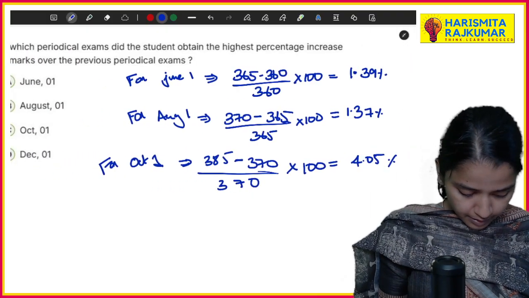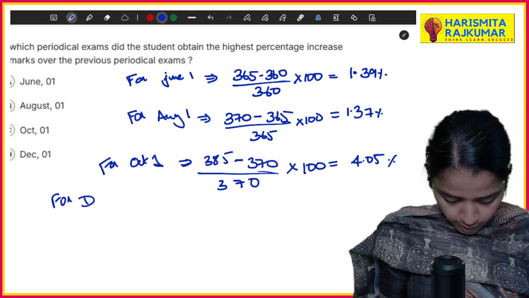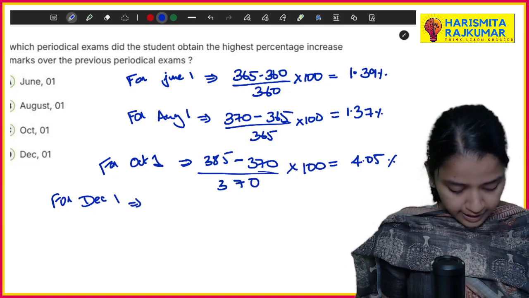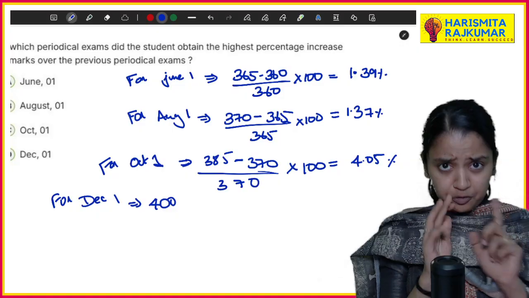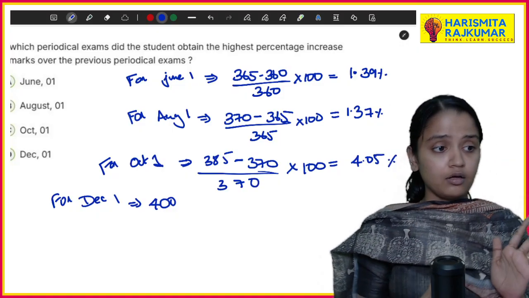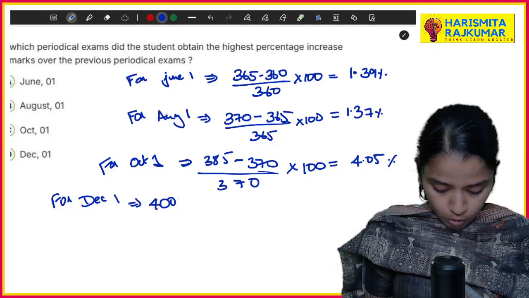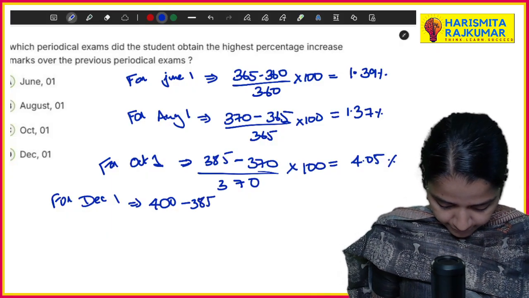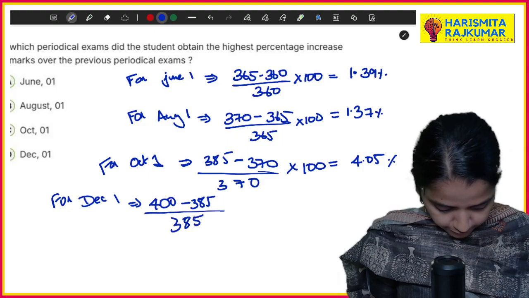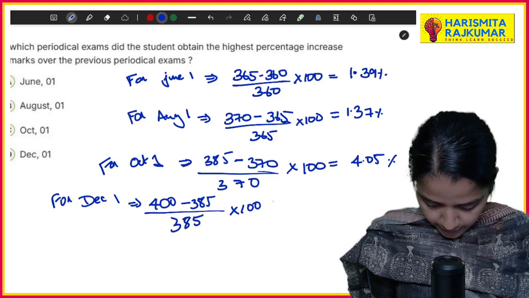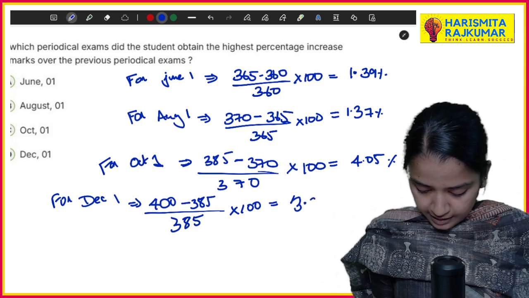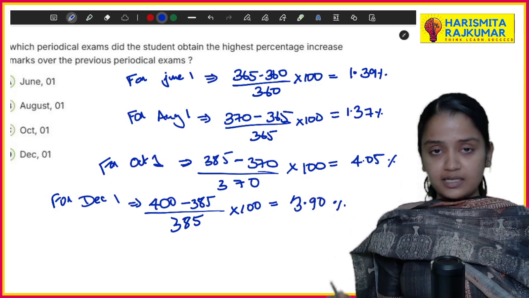Likewise for December 1, I'll be having 400. I have to check the bar graph. I already have the bar graph right here. So 400 minus 385 by 385 into 100 is equal to 3.90 percentage.